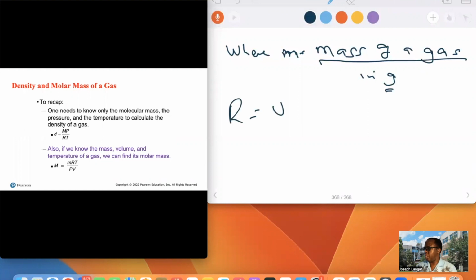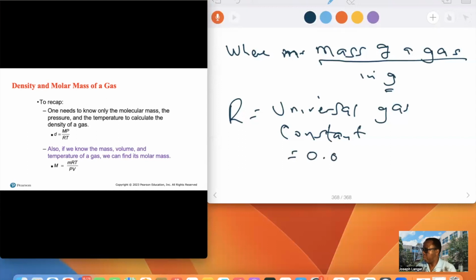The universal gas constant has a numerical value of 0.0821 liters times atmospheres over mole times Kelvin.